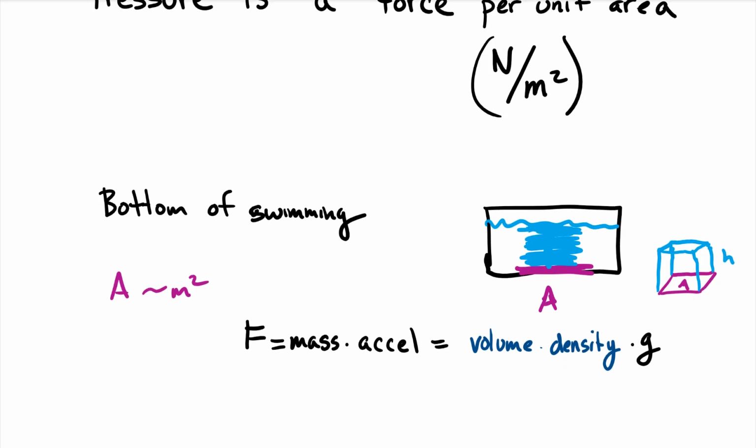The volume of the water would be A, the base area, times h, however high it is. So our volume is A times h. Then we have our density, rho, which we can call 1,000, times g. Cool, we found the force.